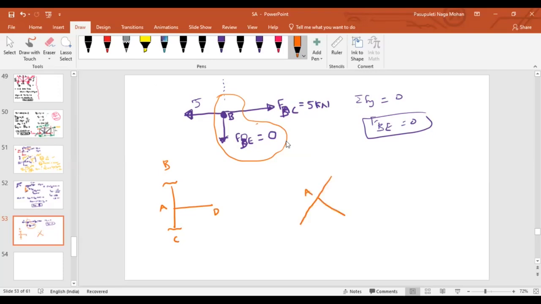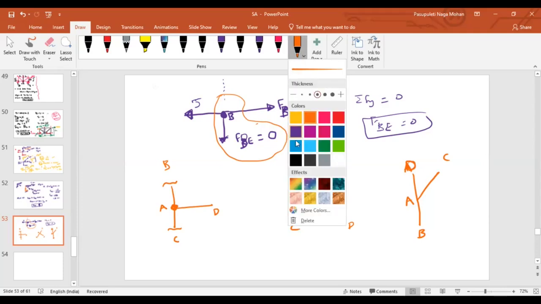Again, this is joint A, B, C, D. Let me take a test otherwise. Now tell me, if I resolve the forces at joint A, how many forces will be there? 3, isn't it?